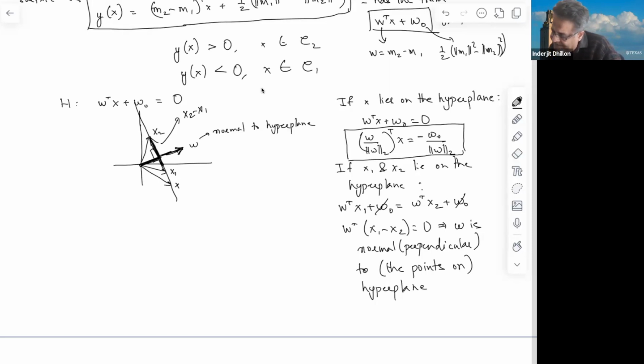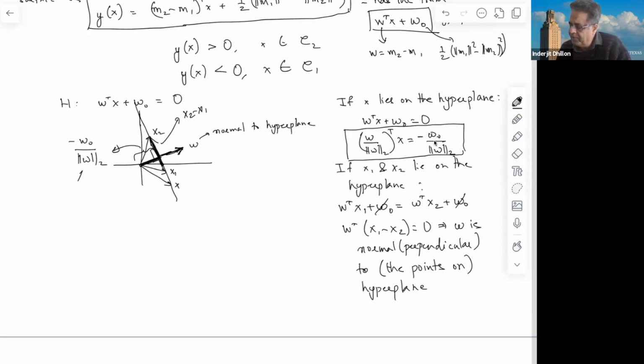So this length over here, how much is that? Well, it's given over here. This is the projection, and so this length is equal to minus W naught divided by the 2 norm of W.